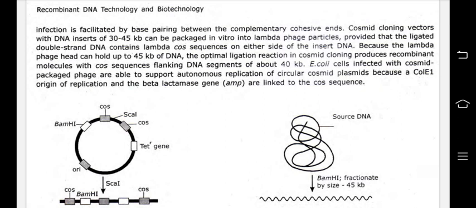E. coli cells infected with the cosmid packaged phage are also able to support autonomous replication of circular cosmid plasmids because a ColE1 origin of replication and a beta lactamase gene, AmpR, are linked to the cos sequence.